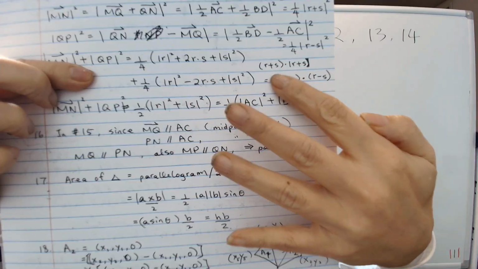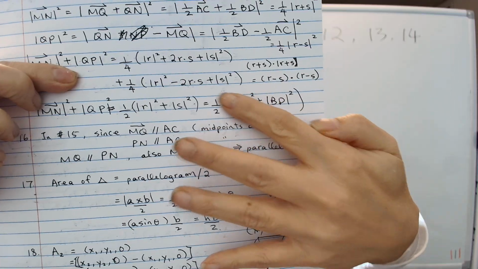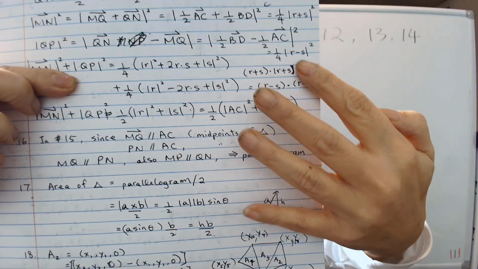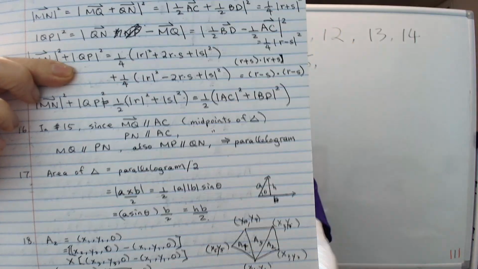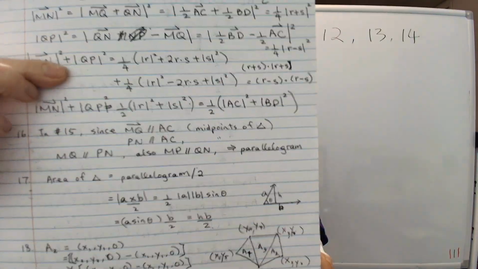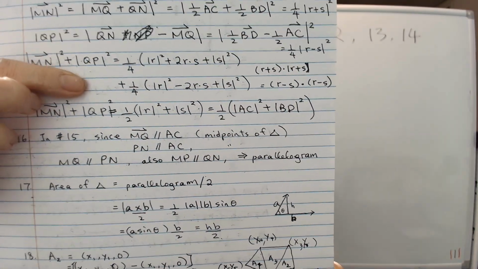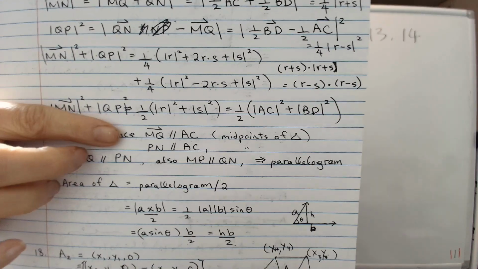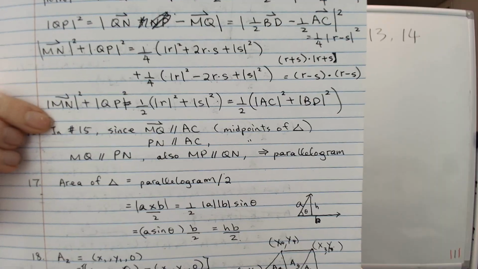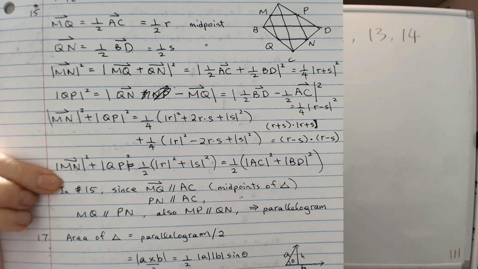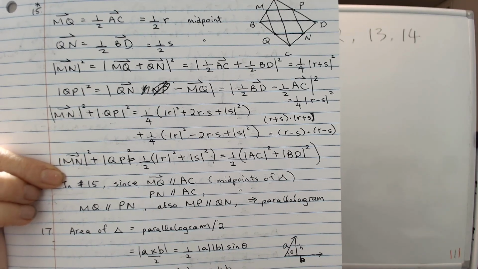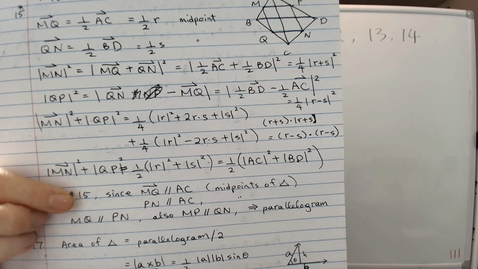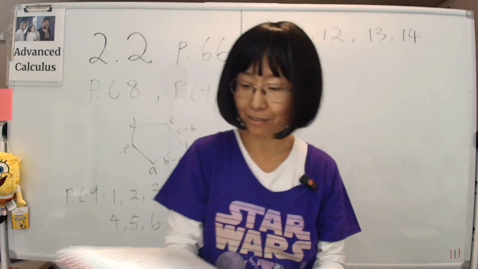The top one is R plus S dot itself, the second one is R minus S dot itself, which become the magnitudes squared respectively, and then we add them together. You notice the middle dot products disappear, and we end up with half of this stuff. That is, MN and QP squared added together is half of the diagonals squared added together, which is what we are trying to prove.